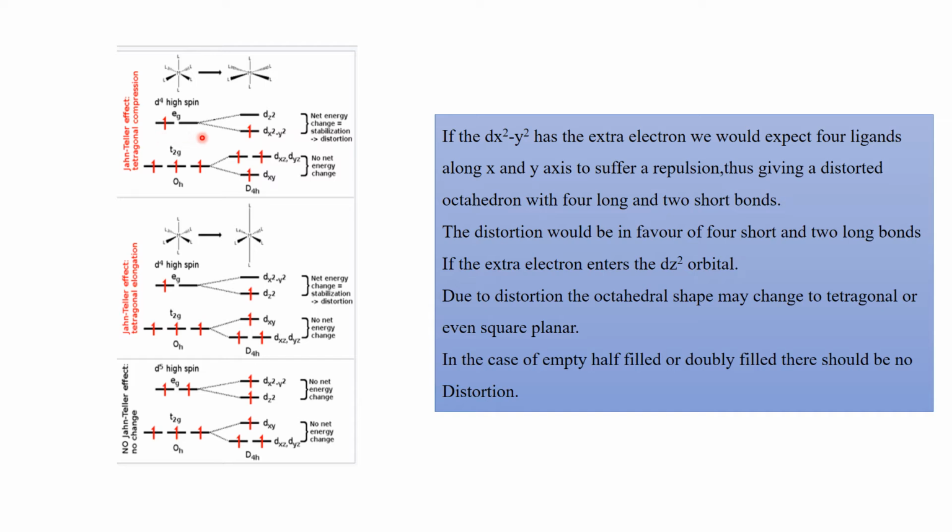Consider the first case. In the case of d4 high-spin complexes, the z ligands can move out or can move in. The eg levels in this case split into two, that is dz2 having higher energy than dx2-y2.